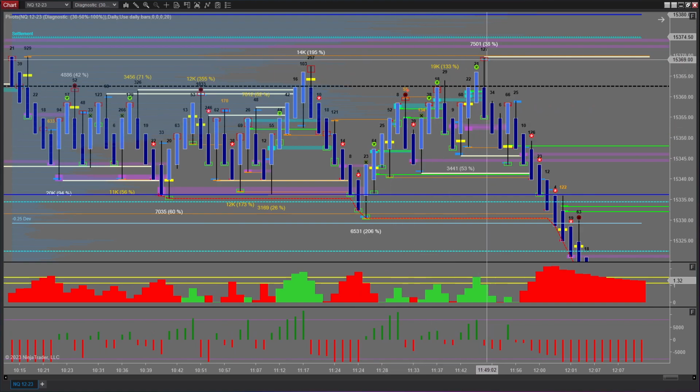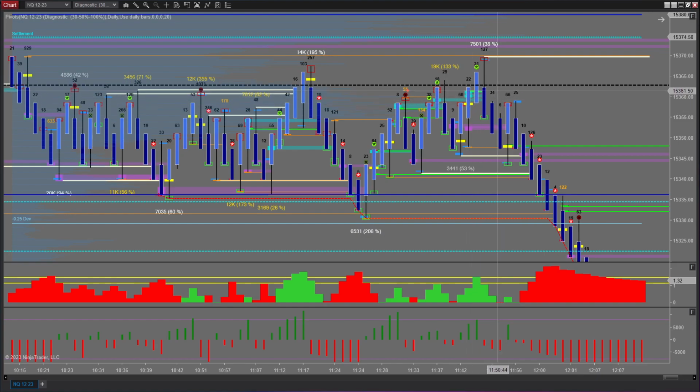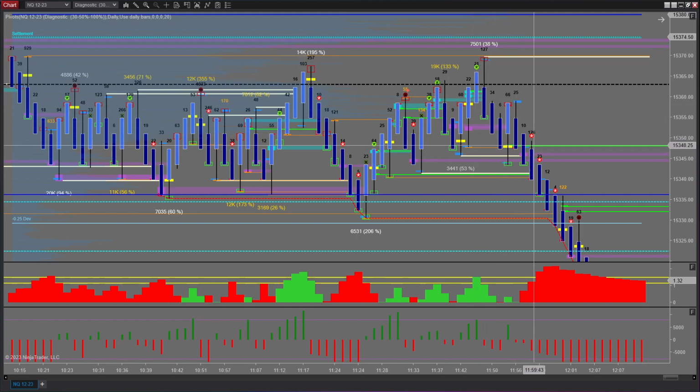But then when it printed this trapped X box with a mini magnet, we had a star, ZOI. The 21's, it's not low enough of a volume score to call it an SLZ, but with the trapped X box and the mini magnet came down, it had to look like it was rounding over.